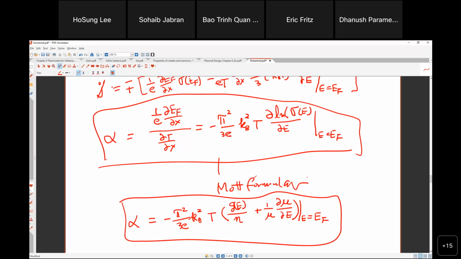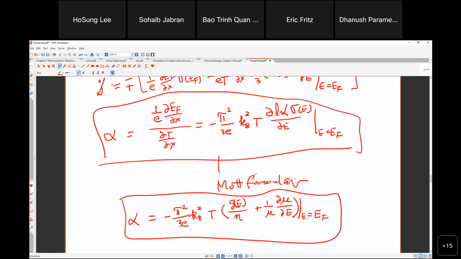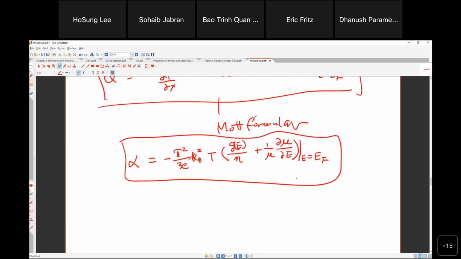So for the development of a property, we would like to understand how we can have a good material for thermoelectrics.